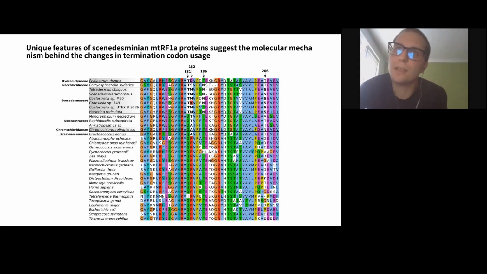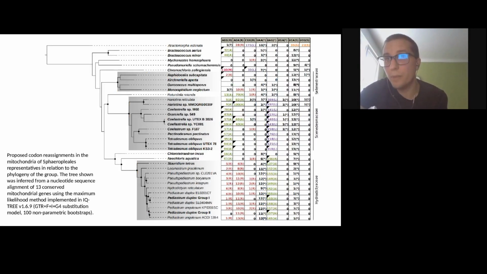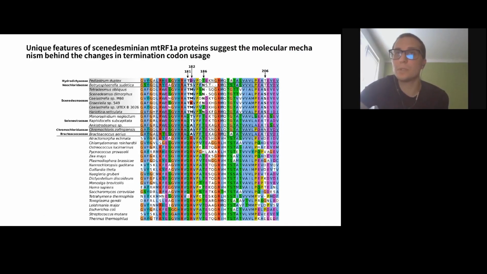And what you can see is that in some Sphaeropleales, that glutamine is mutated to some different amino acid, to threonine. And here, what we can see as well is that it's only shared between Hydrodictyaceae, Neochloridaceae, and Cyanidesmaceae. And if we would go back and check this table once again, you will see those groups are exactly those groups where you can see stop codon UAG to be reassigned to encode some amino acid. So that was very interesting.